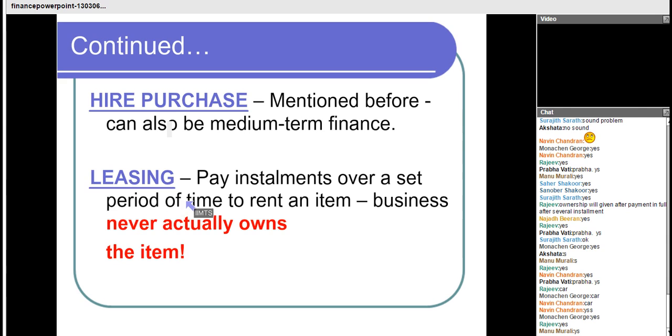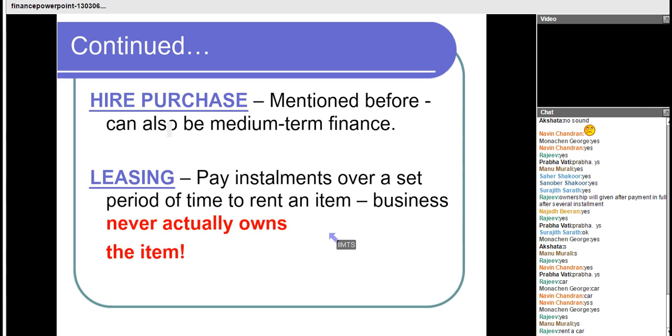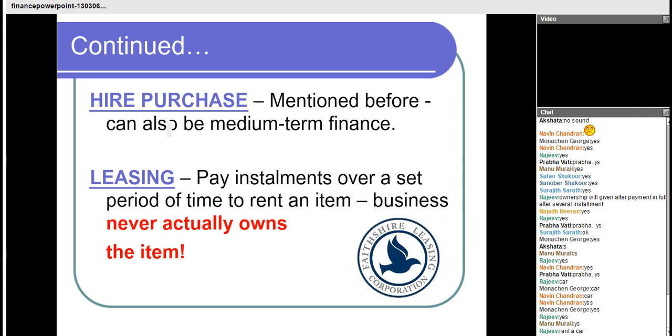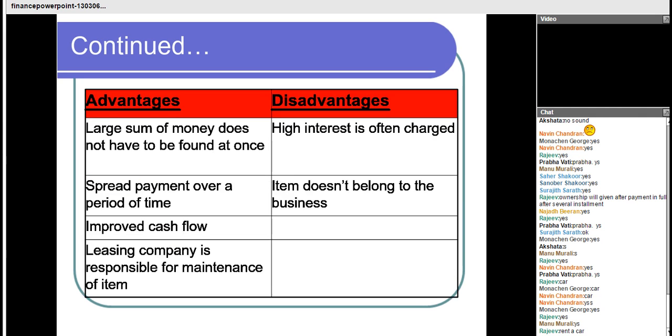But in leasing, you won't become the owner. You will just be the landlord, I would say. So there are three parties involved in leasing. These are the advantages and disadvantages.